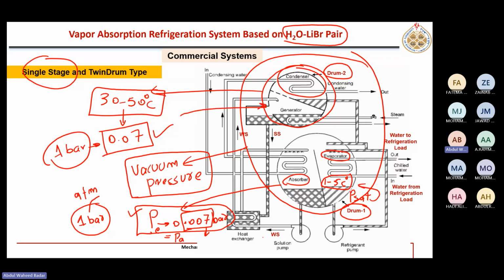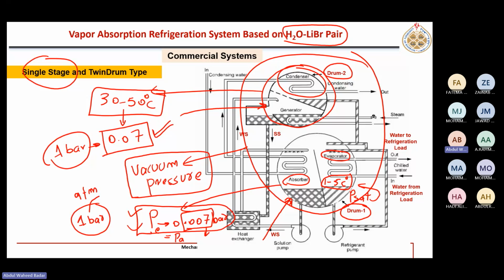Wherever you have a weak or welded joint, air can leak in. Once air leaks into the system, these pressures are disturbed and the refrigeration process is also disturbed. That is the major issue with these systems, because they have to be operated at very low pressures.